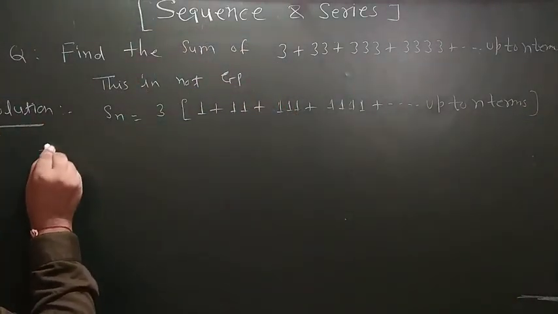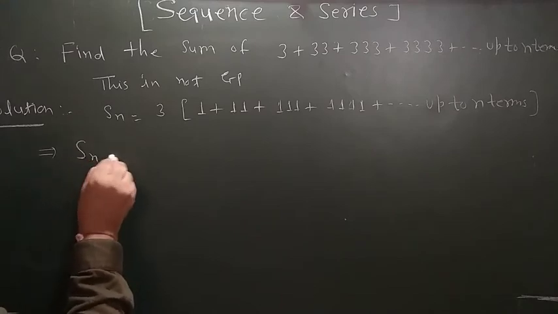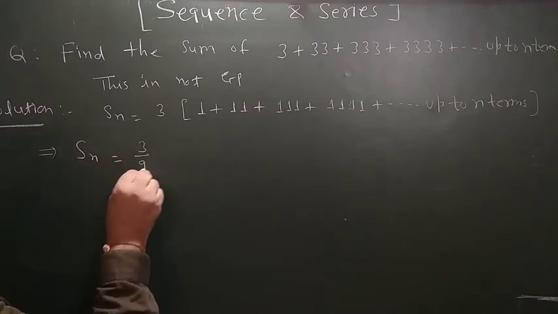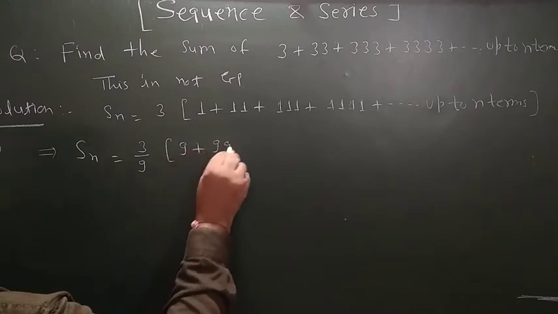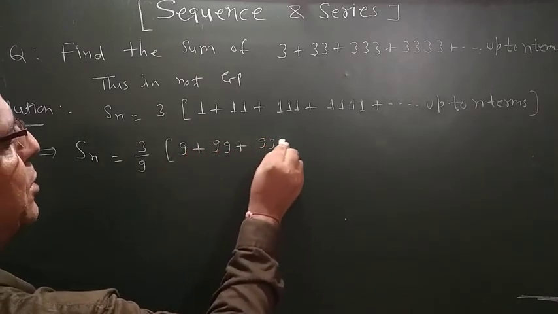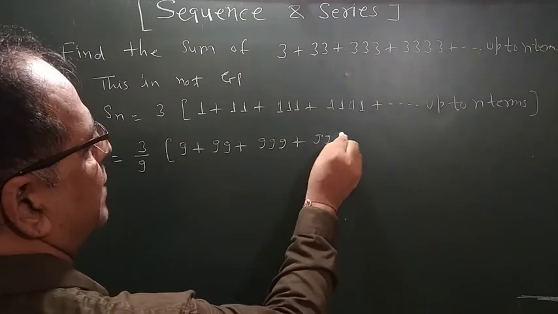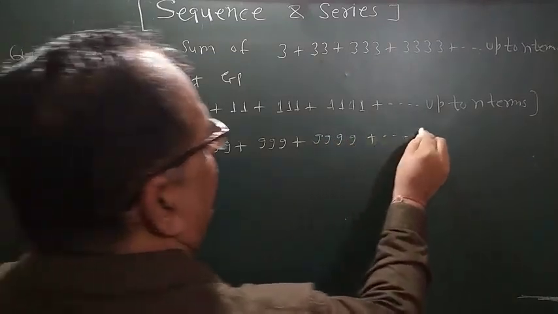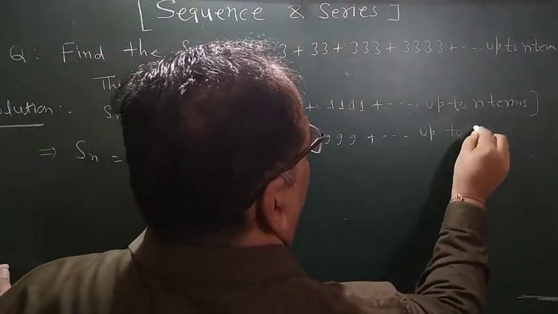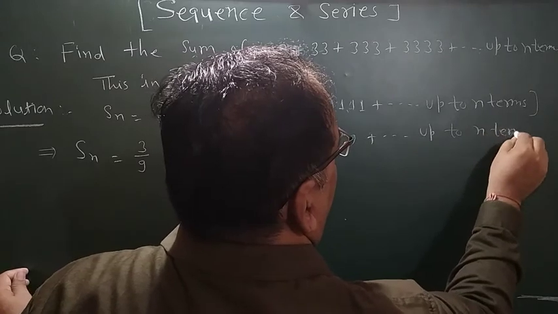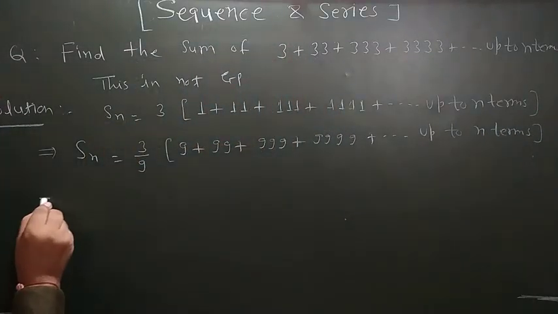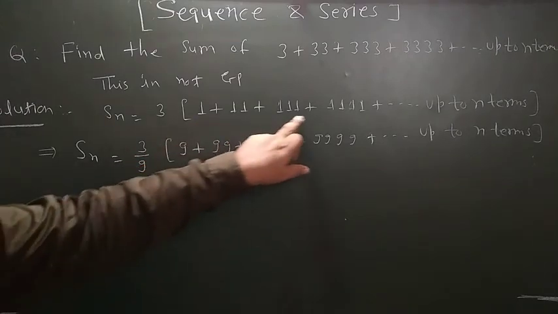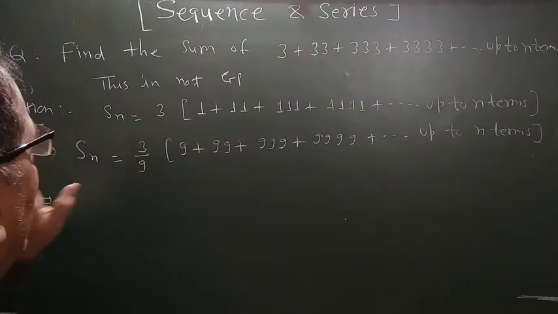Next, in the next step, multiply by 9 and divide by 9. So this becomes 9 plus 99 plus 999 plus 9999 up to n terms. Here we multiply by 9 inside the bracket and divide by 9 outside the bracket.